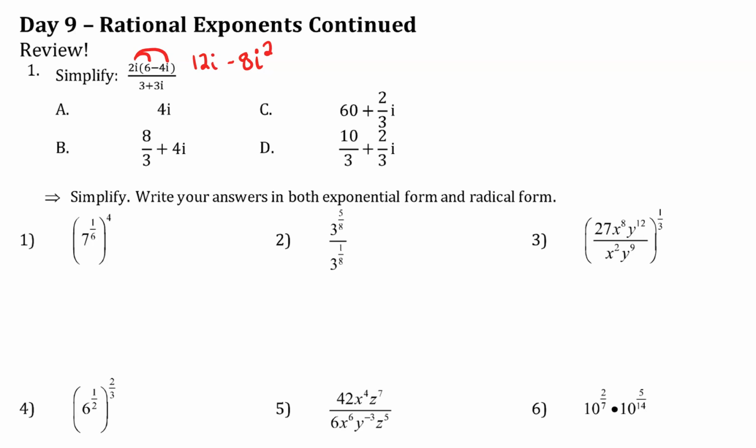We're going to simplify this top part before I rewrite everything. i squared always means negative 1. So I'm going to replace this i squared with a negative 1. So I have negative 8 times negative 1 is positive 8. So I have positive 8, and then I have plus 12i over 3 plus 3i.